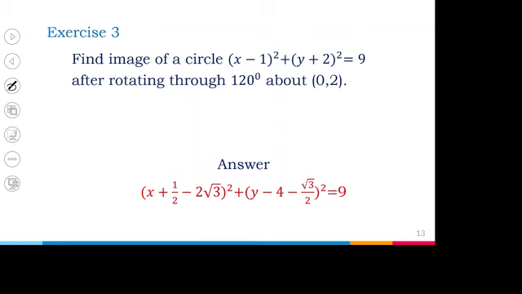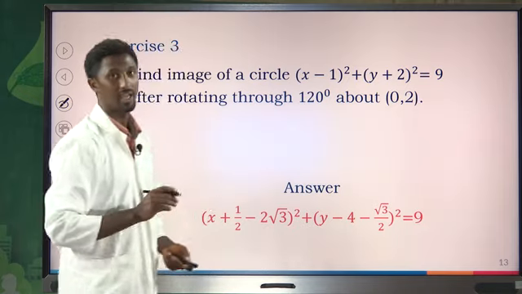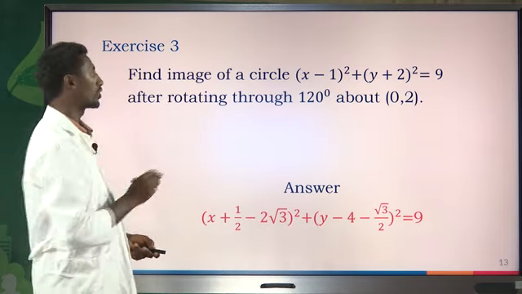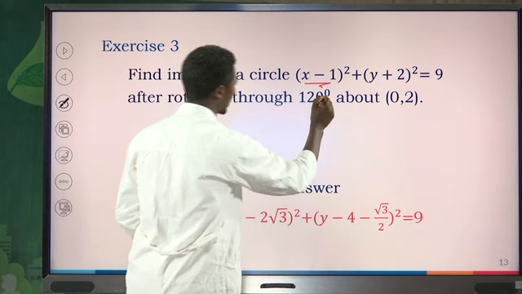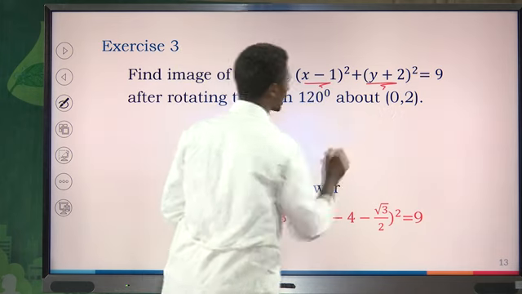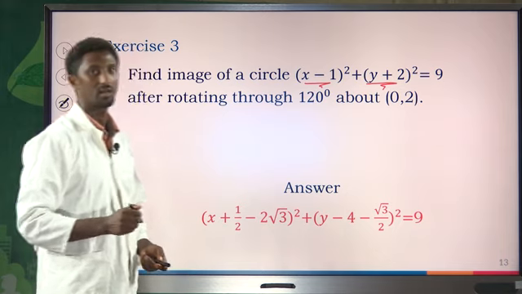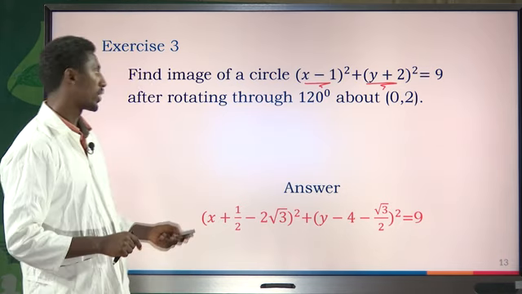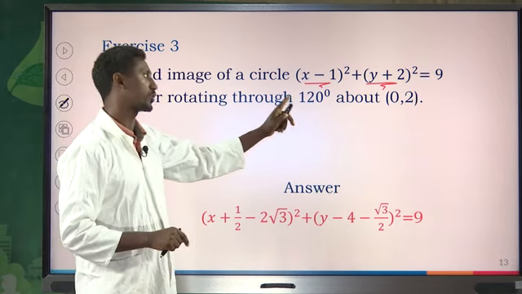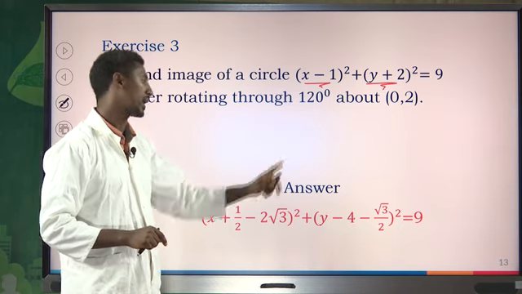Similarly, find the image of the circle (x minus 1) squared plus (y plus 2) squared equals 9. To find the image of this circle, find the image of the center only. First find the center of the circle, then find the image of that point when it is rotated through 120 degrees about (0, 2).